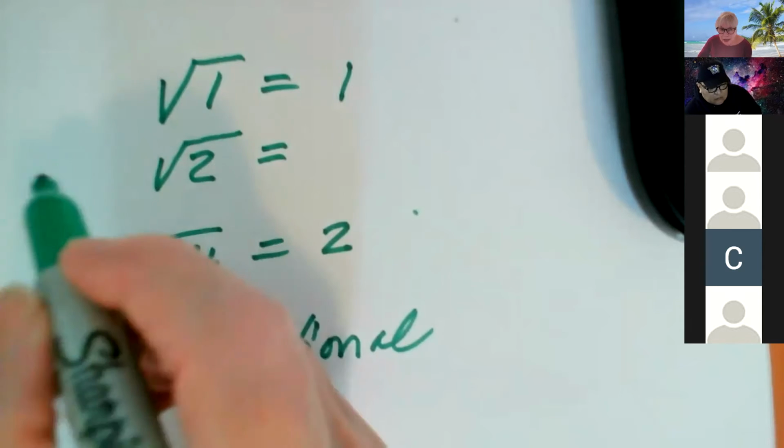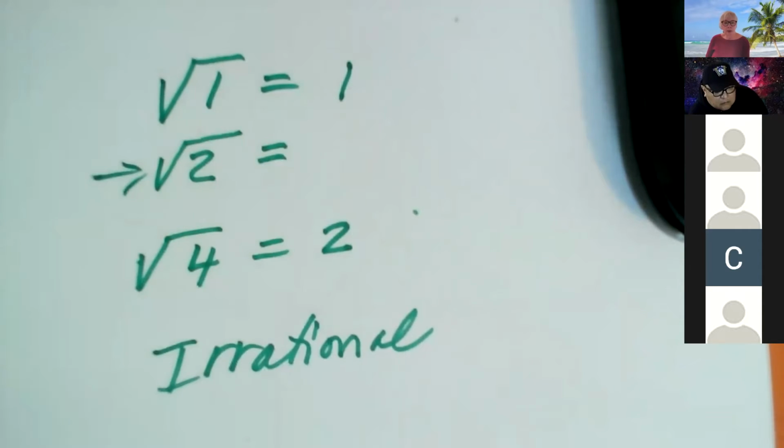But here's a case for something that's irrational. And so what do we do? Well, we don't give up. We just round it off to so many decimal places and call it good, because we can't write the full number down. We can say square root of 2, and then everybody knows it goes out forever.